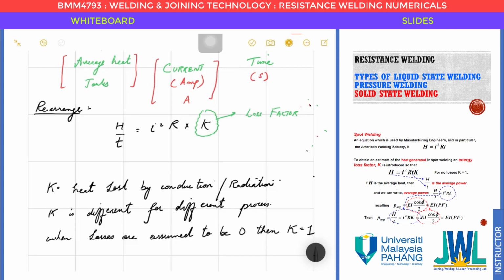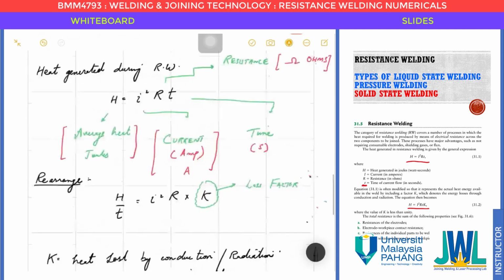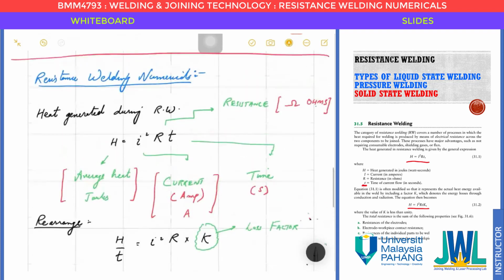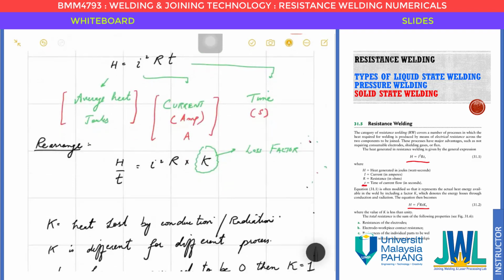That is why in the first formula, H is equal to I square RT. This is an ideal formula, the ideal case when K is equal to 1. And this is the real or actual case.